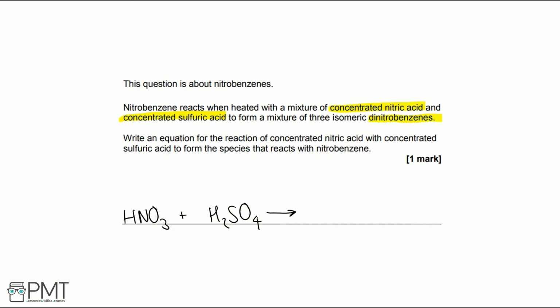So the electrophile that we're producing is NO2+. And then what we're left with is H3O+ and HSO4-. Now we need to balance the equation by having a 2 here and a 2 here. So to get the mark for this question, you must have the full, complete equation that's written here.